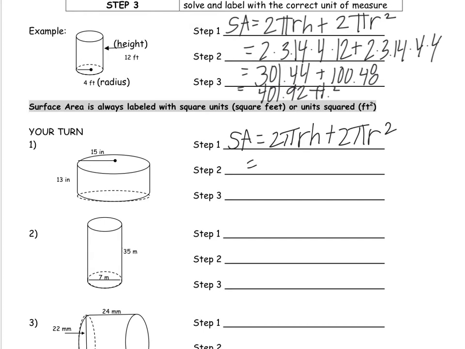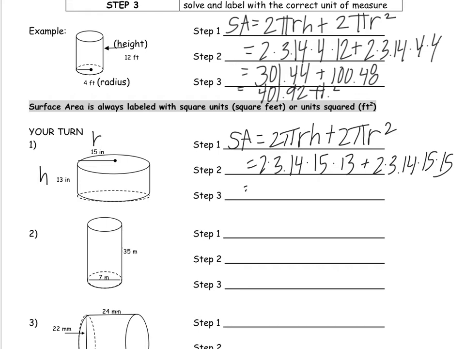Okay, so this time the radius is 15, the height is 13. So 2 times 3.14 times 15 times 13 plus 2 times 3.14 times 15 times 15.